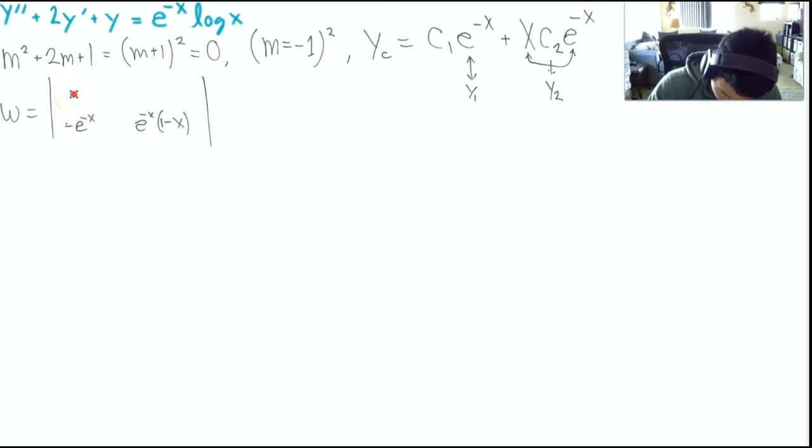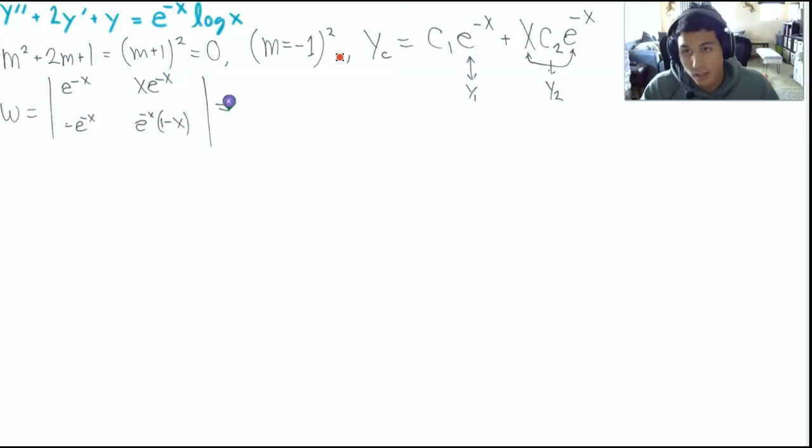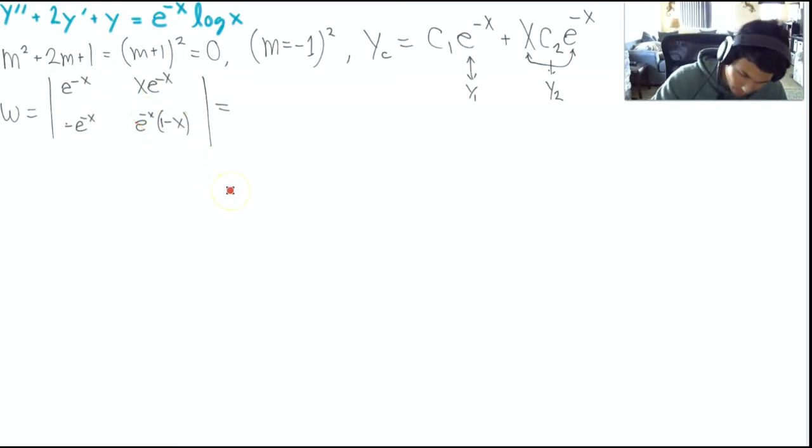Now y1. This is y1 right here. E to the negative x, and this is x e to the negative x. Okay. Everything is nice right here. This times this, it's going to be e to the negative 2x, 1 minus x, plus.